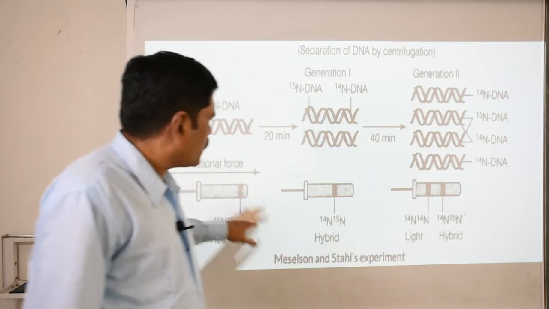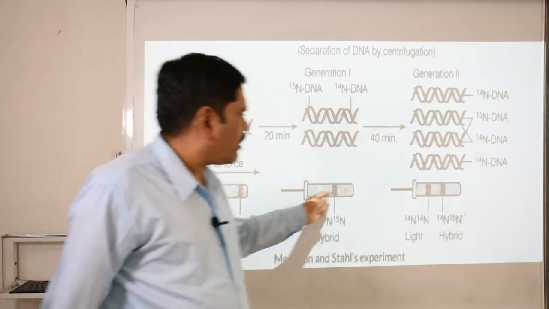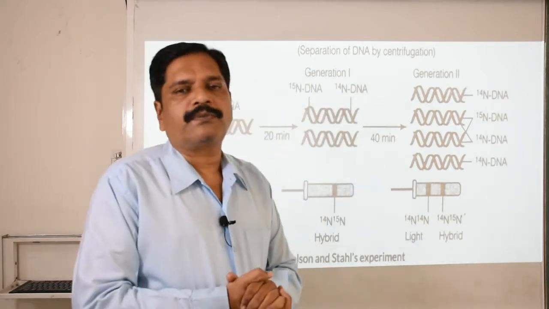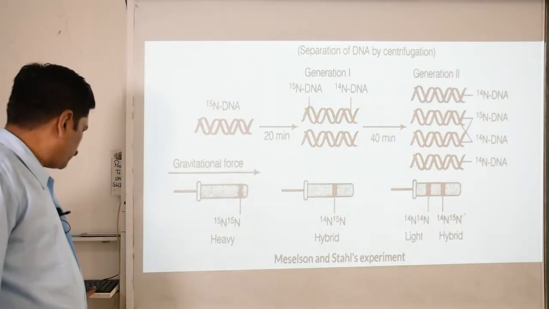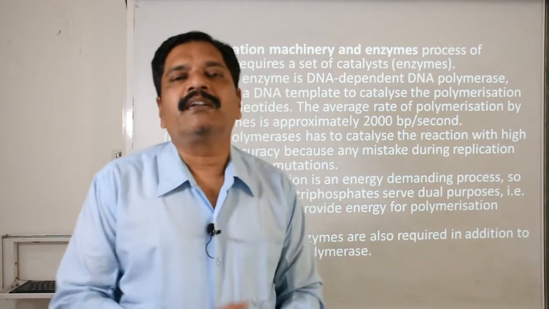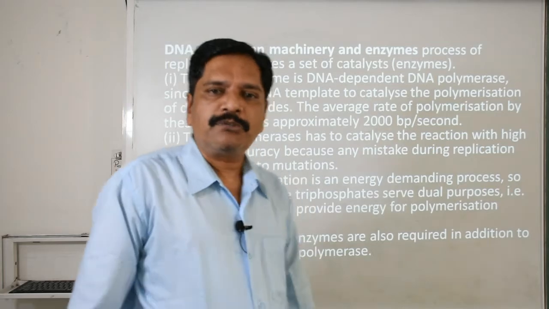In the first 20 minutes there is an equal ratio of the two, while after the 40th minute you will clearly observe two strips, which give you the hybrid nature. So remember, this experiment is quite helpful to prove that DNA replicates itself by the semi-conservative method.